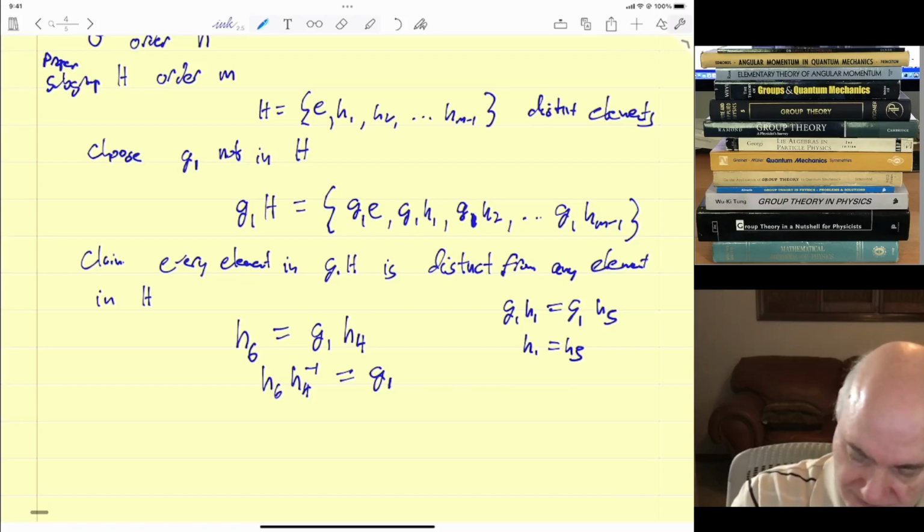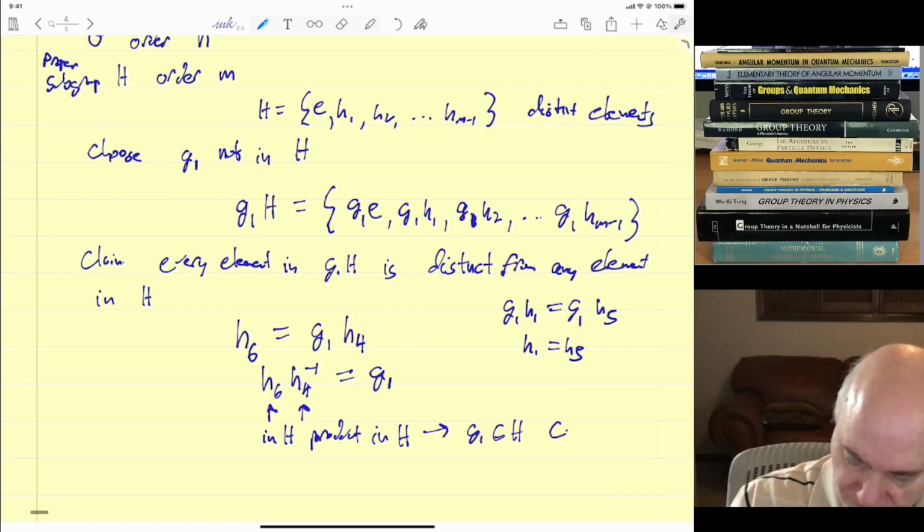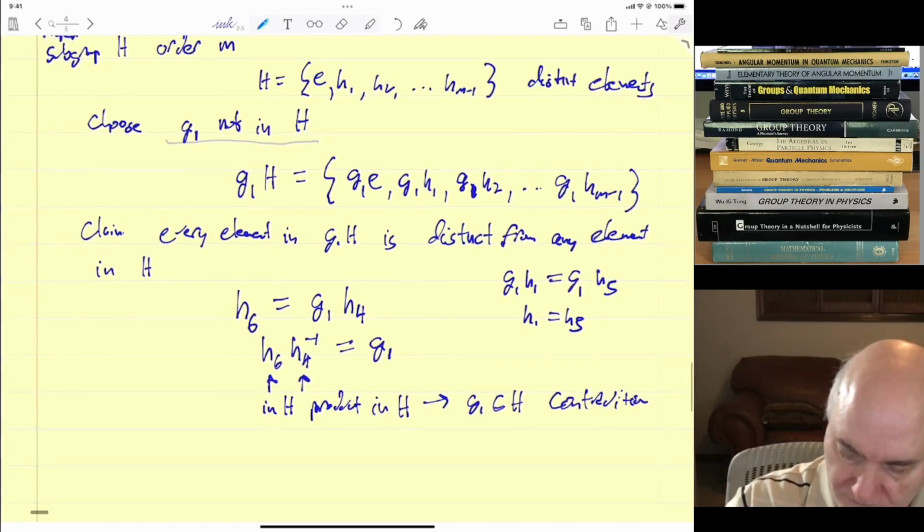But H6 is in the subgroup H. H4 inverse, to be a subgroup, every element inverse has to be in that group as well. These are both in H. So their product is in H. And this implies that G1 is in H, but that contradicts when I said choose G1 not in H. So what have we done?